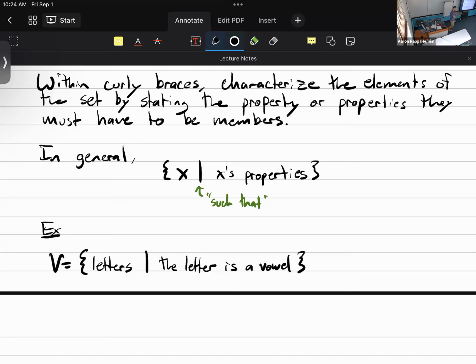So the letter C would not be in the set. We can say even B. B is not an element of that set V, but E is an element of that set. Another way to just note it.